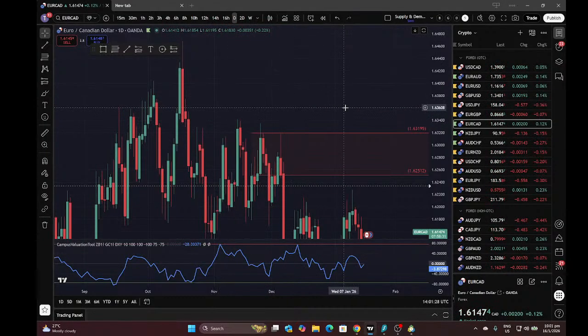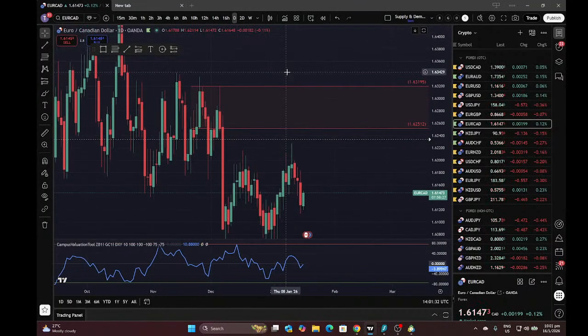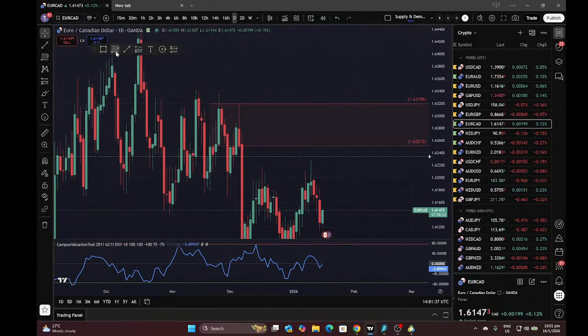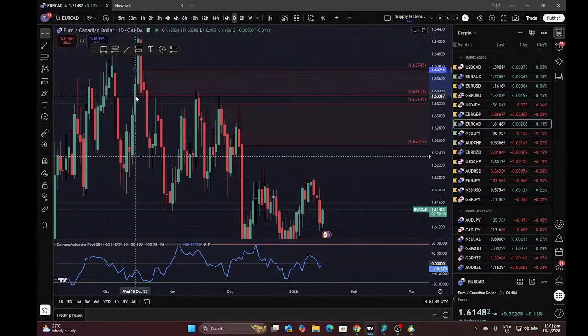This is one possible supply zone here. I mean, this supply zone looks good no matter what I see. On top of that, the other one that we can look at here is this. The problem with this is that the wider version is already being mitigated, but the preferred version seems to be doing fine.